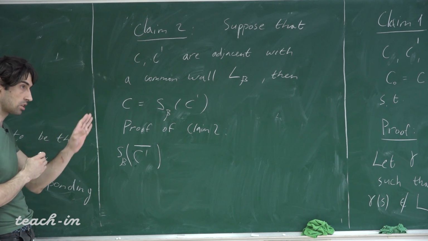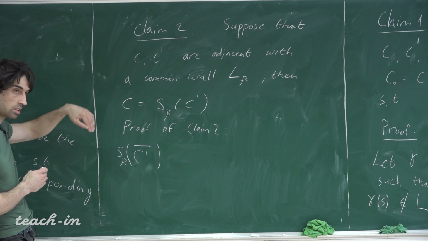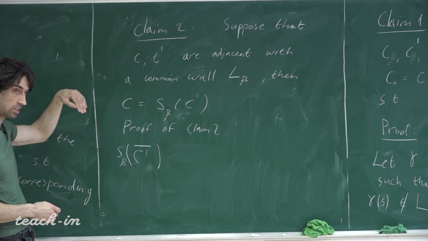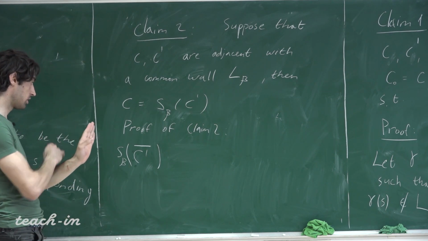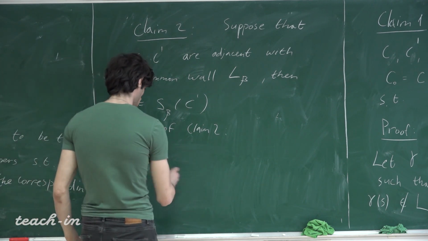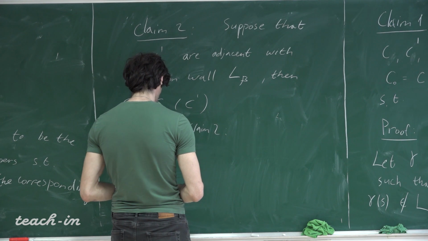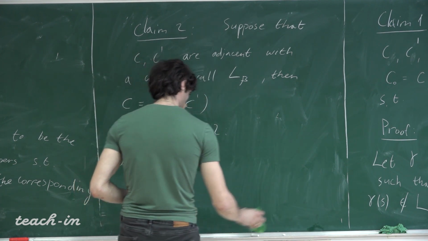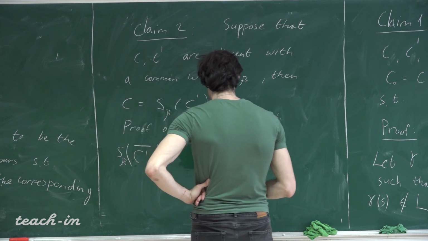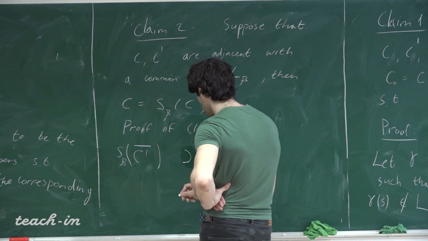So if I consider the closure, I will have some subset in L beta, of the dimension of L beta, in this closure. And if I reflect with respect to L beta, this subset is still there. So I should write like this: C prime intersect L beta is still a face of this.